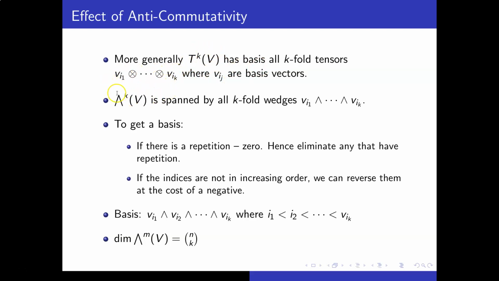All right, well, that means the k-fold exterior is going to be spanned by all of those k-fold wedges. But again, the anti-commutativity is going to affect the linear independence. So if I have a k-fold wedge, if any two of those vectors are equal, then it's 0. So I can't have a repetition.